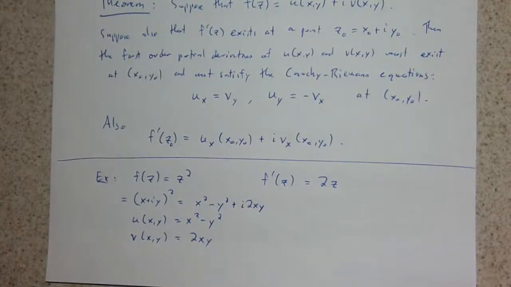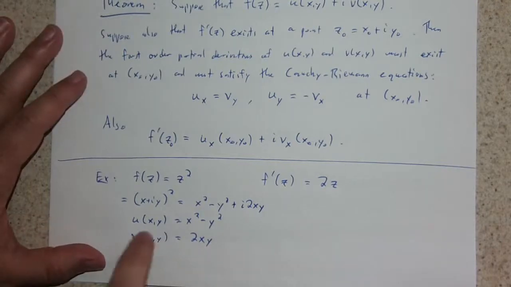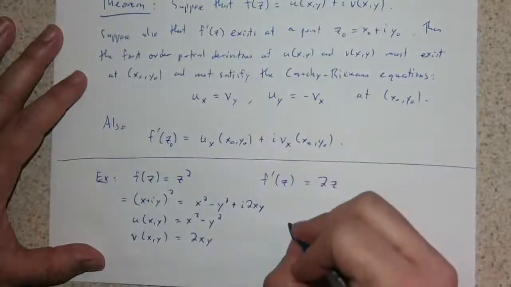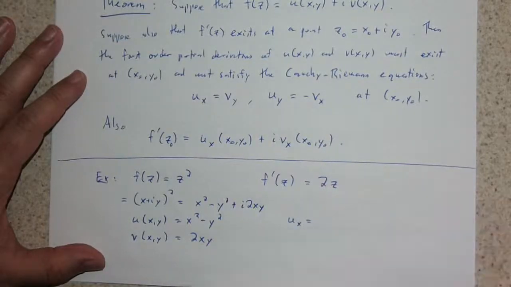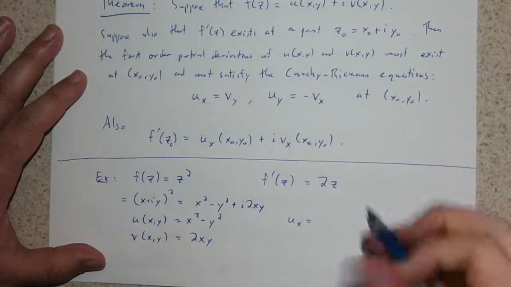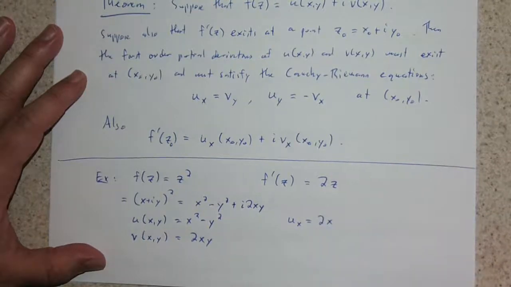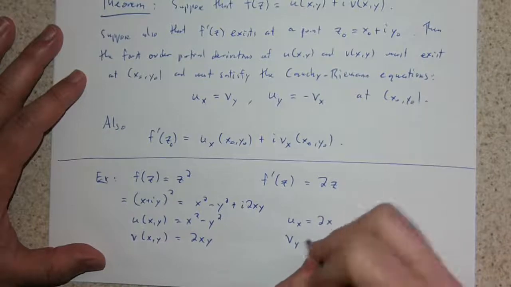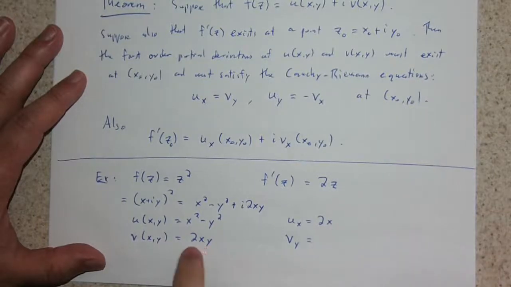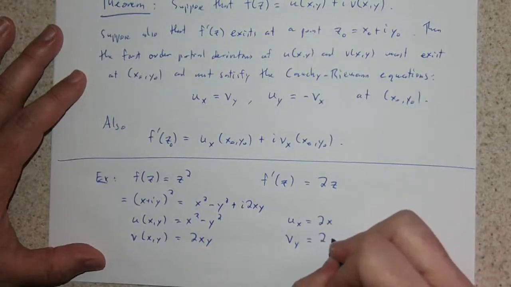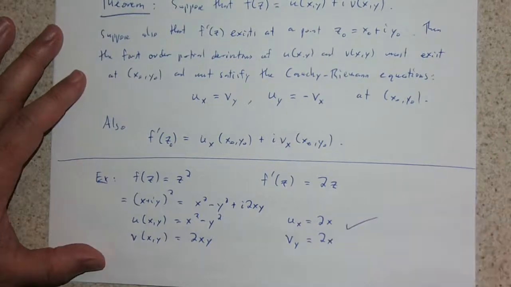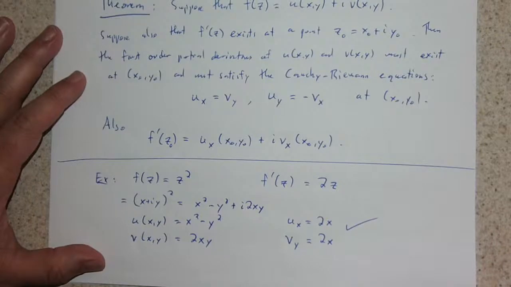Okay, so let's check that this satisfies the Cauchy-Riemann equations. Let's take the x partial of u. What is the x partial of u for this f? This is 2x. Well, let's take the y partial of v. What's the y partial of v here? Oh, 2x. So that part, half the Cauchy-Riemann equations, is satisfied.